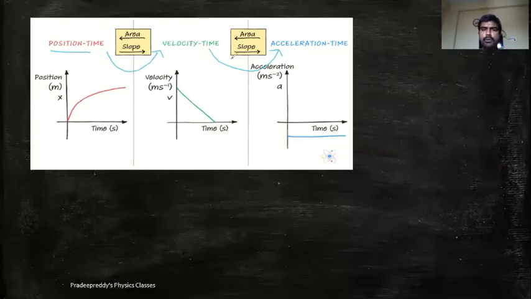So slope gives you one step forward. Likewise, if you are calculating area, it is one step backward. Acceleration time graph, area gives you one step backward, that gives velocity time. And velocity time graph, area one step backward gives you position time, right? So you should keep these things in your mind for solving problems.